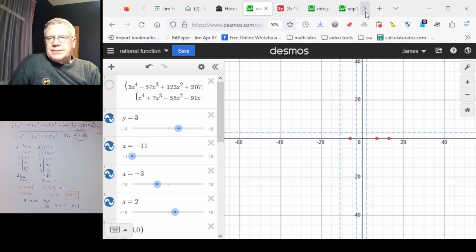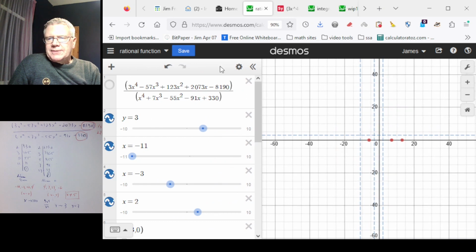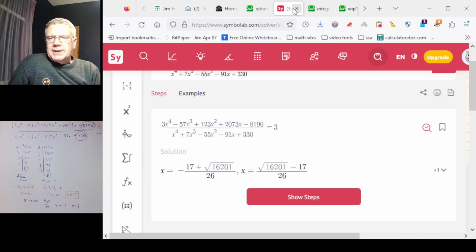To do that, we have to set our whole original function equal to 3. You can carry that out, but it would be rather tedious. I put it over here. If you do this in Symbolab, or if you do it by hand, you hopefully get the same thing.